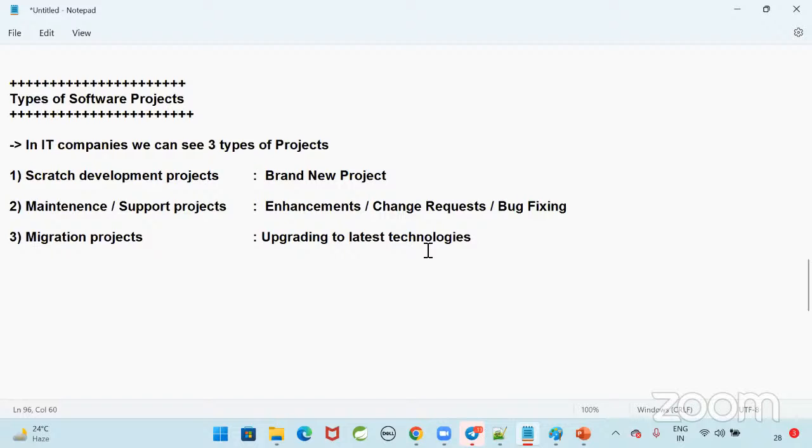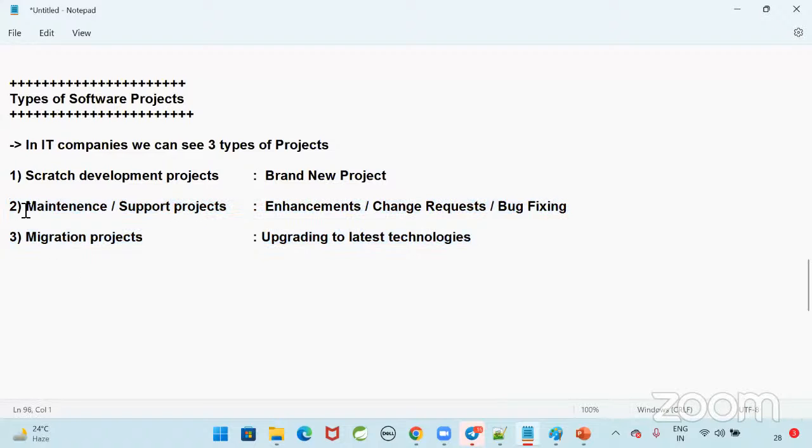Some people are migrating the UI to Angular. JSP is dead in the market. Nobody is using it in the latest projects nowadays. JSP is almost dead in the market. So here, upgrading to the latest technologies, those projects are called migration projects. So in the MNC companies, you can see these two kinds of projects, guys.